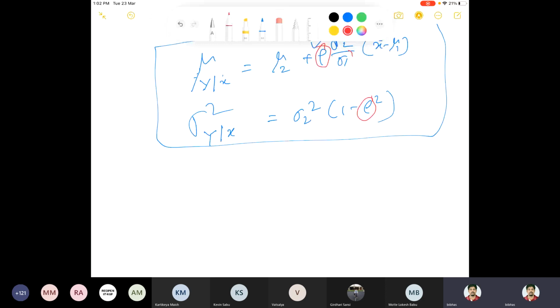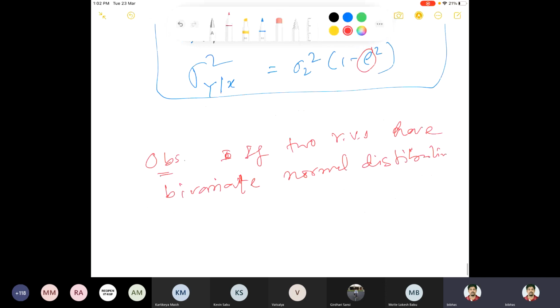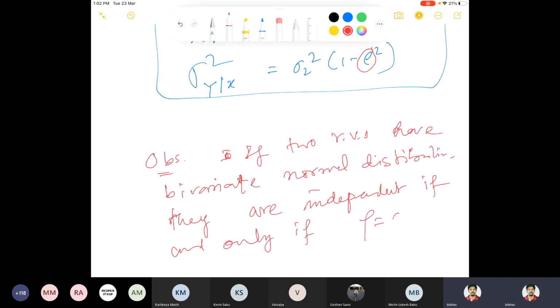And in fact, you can also prove the following: if two random variables have a bivariate normal distribution, then they are independent if and only if rho is equal to 0.